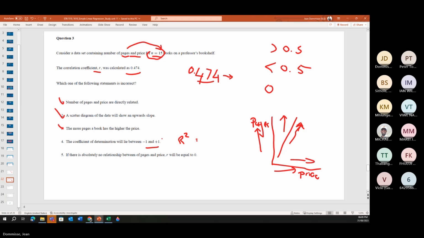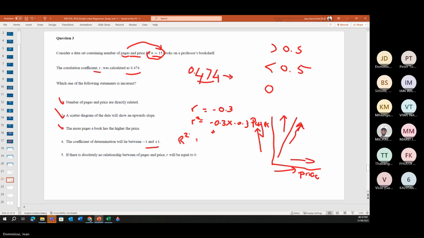Okay, so this is where the trick comes in, and this is where they want to catch you out. If we had r equal to minus 0.3, and we squared it, it would have been minus 0.3 times minus 0.3, which makes it positive.